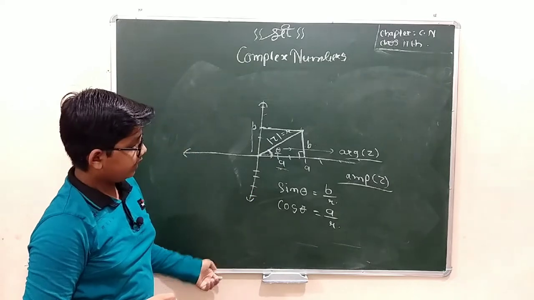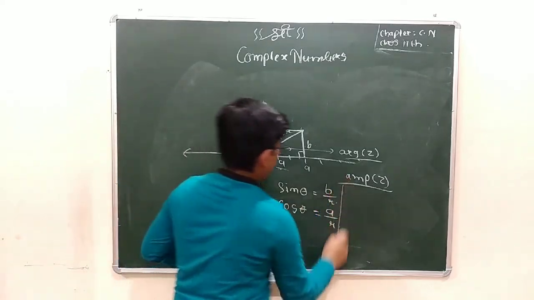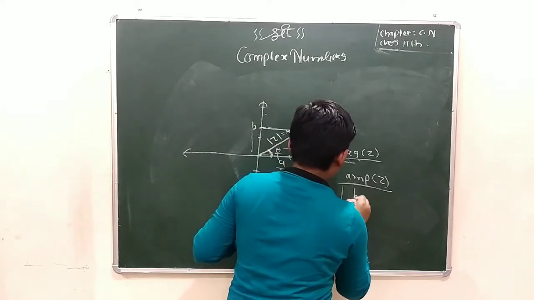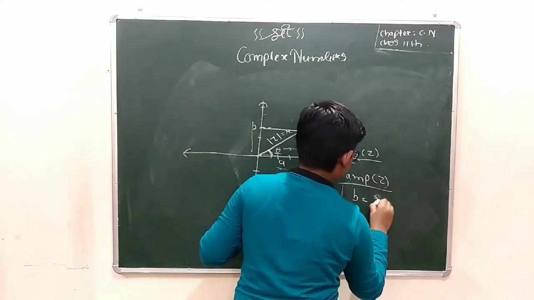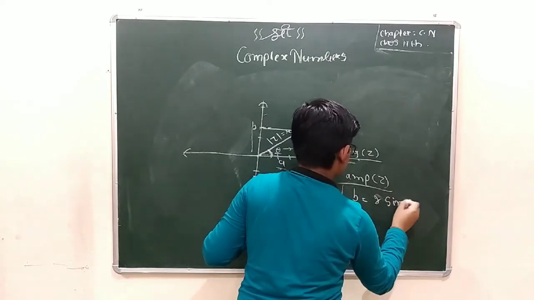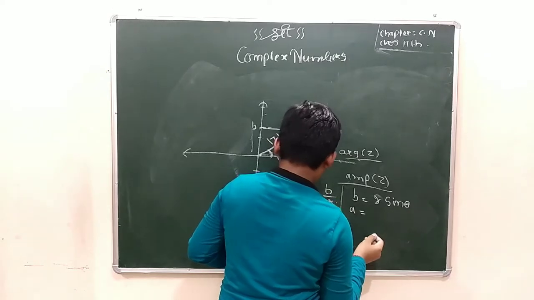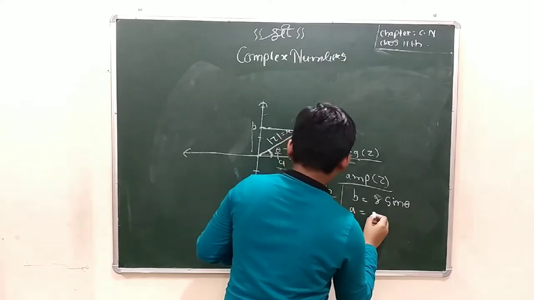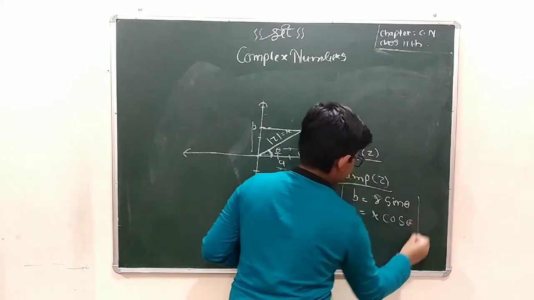So now if we take this r and multiply it to cos theta and sin theta respectively, we get b is equal to r into sin theta and a is equal to r into cos theta.